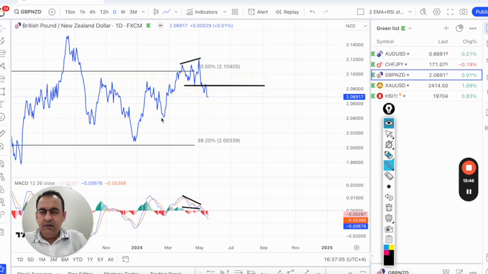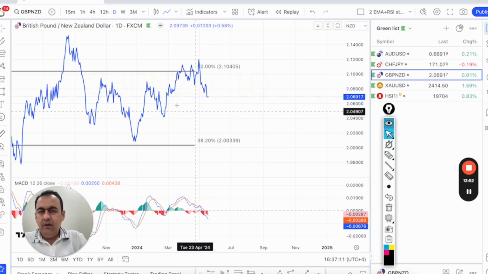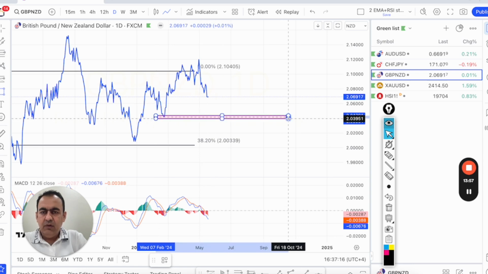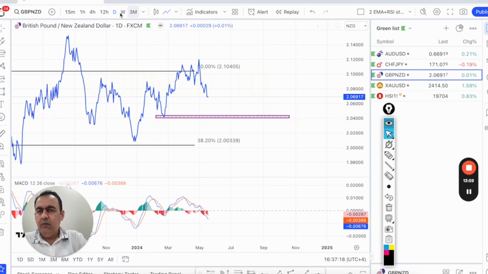So I can expect that price can travel to the next major support, which is around 2.04. If sellers continue, they may take the price back to this major support around 2.04.